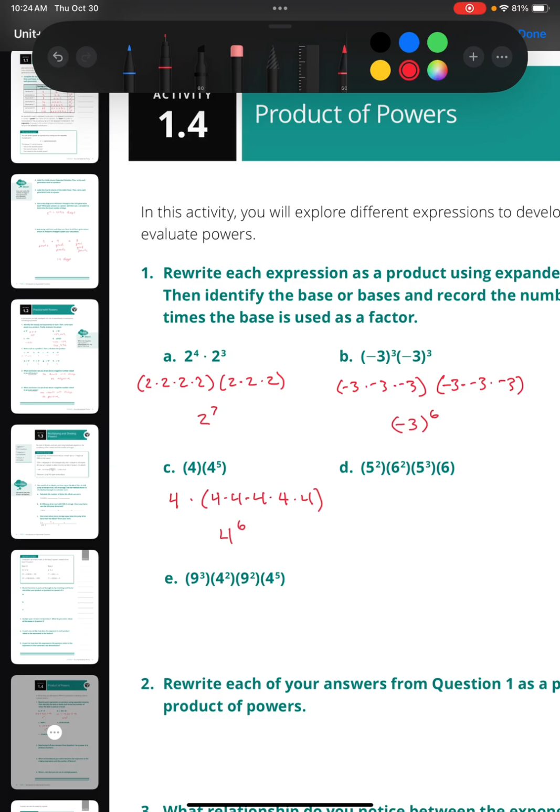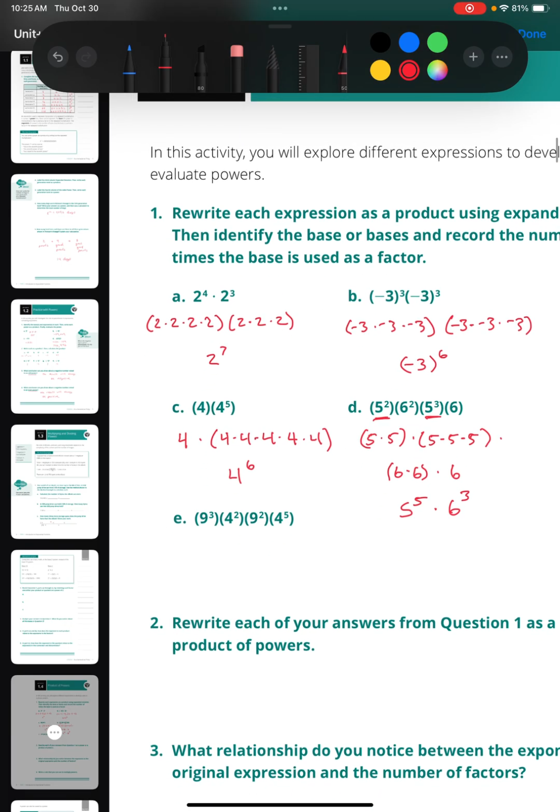And then for D, if we look at just the bases that are 5s, so this is like having 5 times 5, 2 of them, times 3 more 5s, times, move down to the next row, 2 6s, so 6 times 6, and then times 6 to the 1st. So if we count those up, there is 5 5s, so we have 5 to the 5th times 6 to the 3rd. There's 3 6s there.